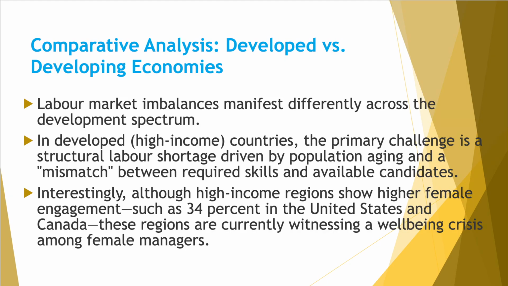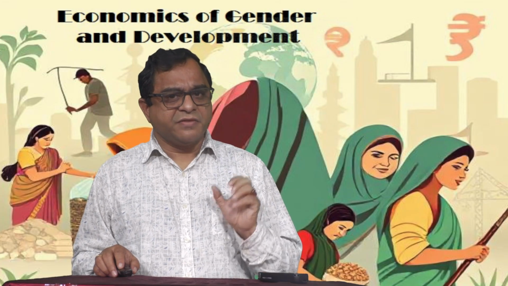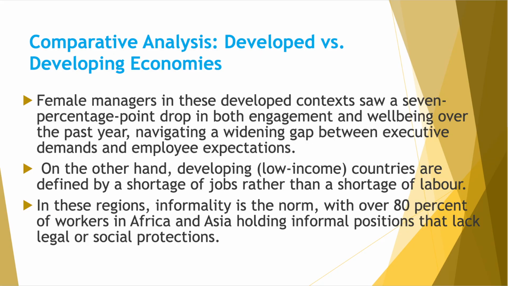Interestingly, although high income regions show higher female engagement, such as 34% in the United States and Canada, these regions are currently witnessing a well being crisis among female managers. Female managers in these developed contexts saw a 7 percentage point drop in both management and well being over the past year, navigating a widening gap between executive demands and employee expectations.